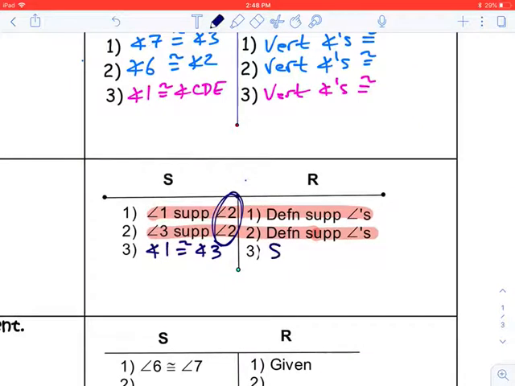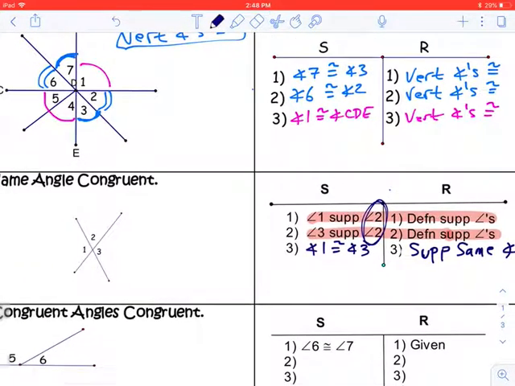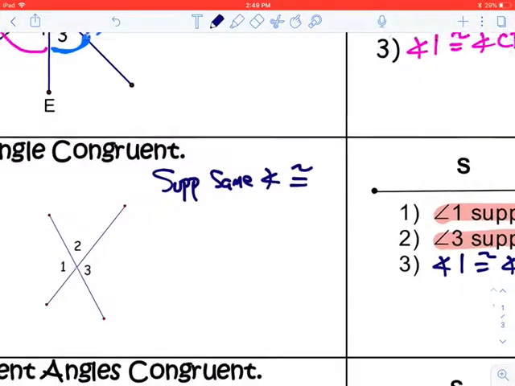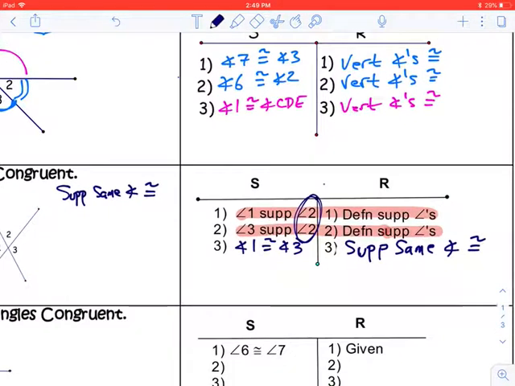And the abbreviation is supplements to the same angle are congruent. Okay?